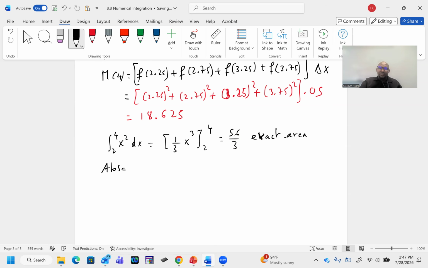You can see, even if that question is not asked, the absolute error will be equal to what? 18.625 minus 56 divided by 3. Use your calculator. That will give me exactly 0.0417.